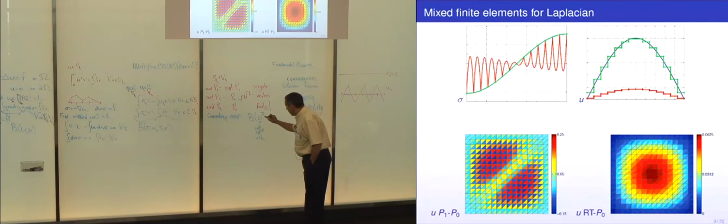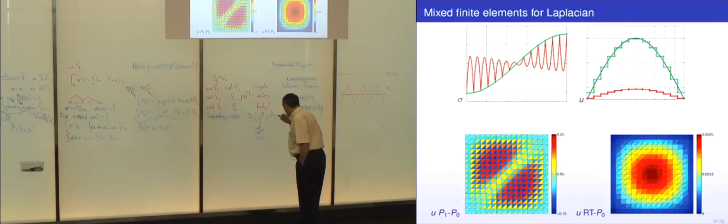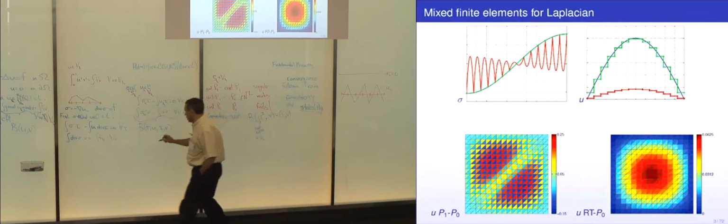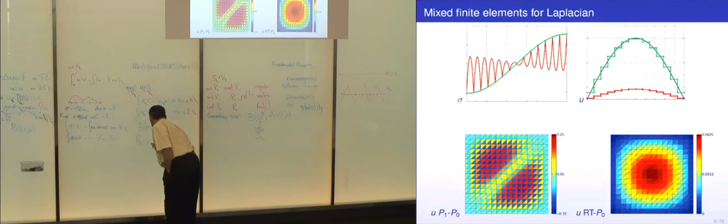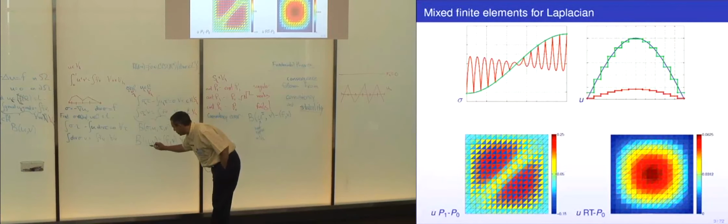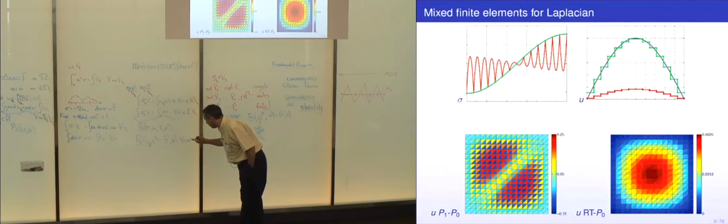And you compare that to, if you put in the best approximation of u, and then our original problem was B of u, v equals f of v for all v in V, and our numerical method is B of u_h, v equals f of v for all v in V_h.